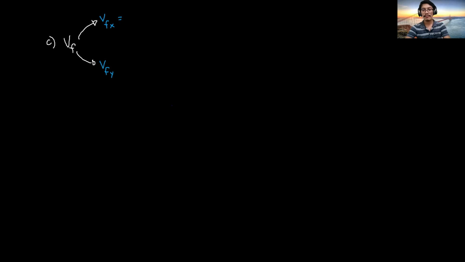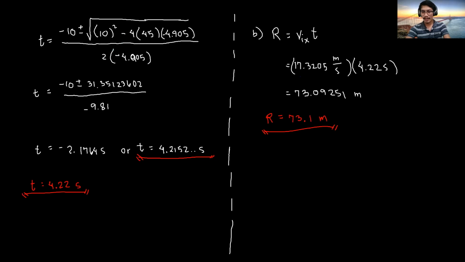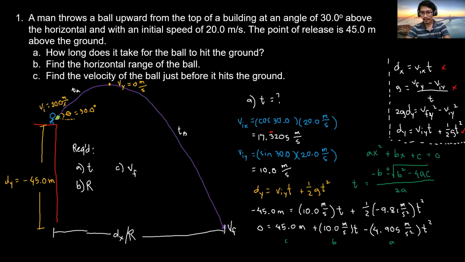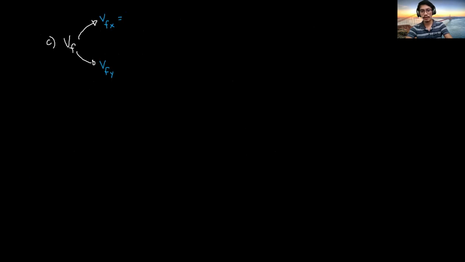Now, what is our VFX? Remember, sa projectile motion, the velocity along the x-axis is constant. Tama? Constant motion man si x. So, ibig sabihin, lahat ng values natin sa x will be the same. Ano yung x natin? 17.3205 because it is constant at any point sa ating projectile motion.